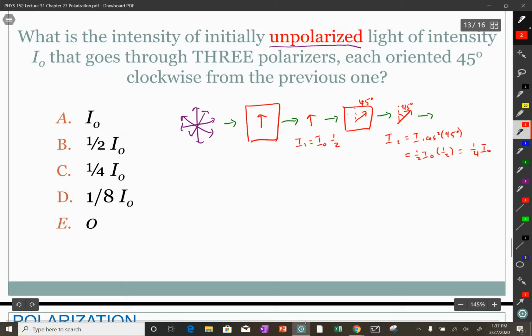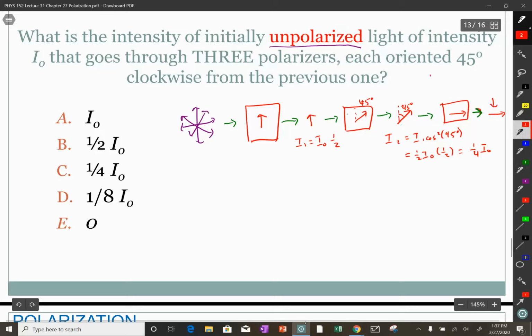And then I have my third polarizer, horizontal. What comes out? Well, it has to be oriented the same direction, so it's going to be horizontally oriented.